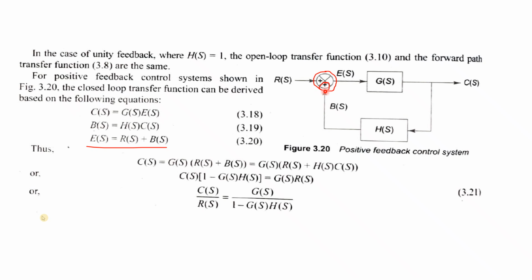That means if the feedback is subtracted at the summation point, the denominator will be plus; here feedback is plus, denominator is minus. This is the transfer function of the closed loop system where the feedback is added with the input to get the error signal.